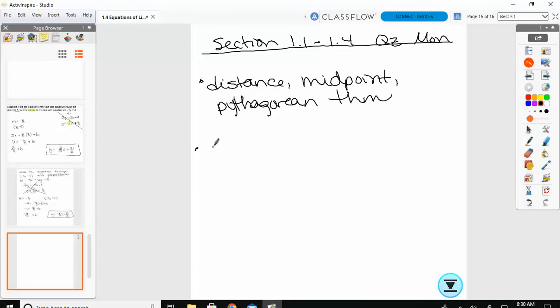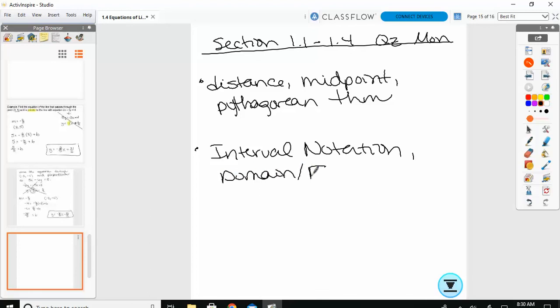Then we got into the function stuff. So learning the interval notation. Guys, you can wait a second before you try to start on your homework. I'm telling you what's on your quiz. So if I say x is greater than or equal to 4, writing that as an interval. Domain and range.